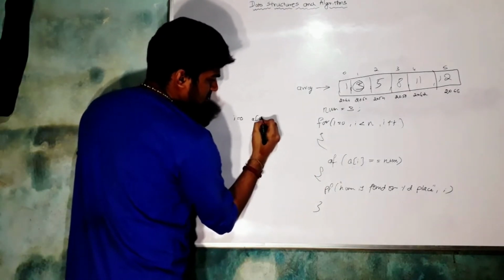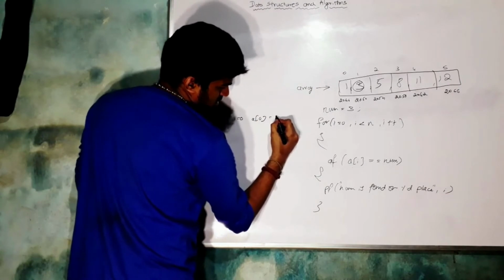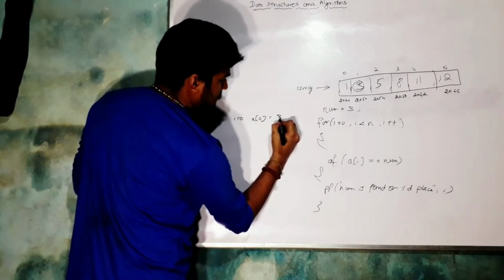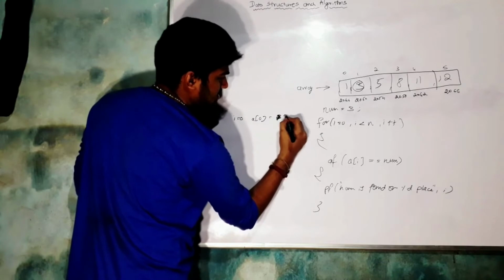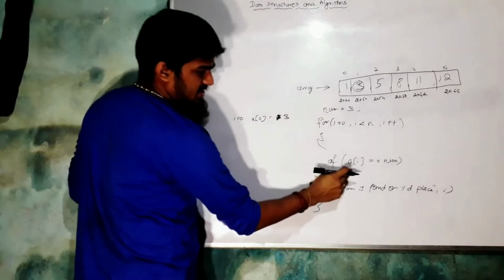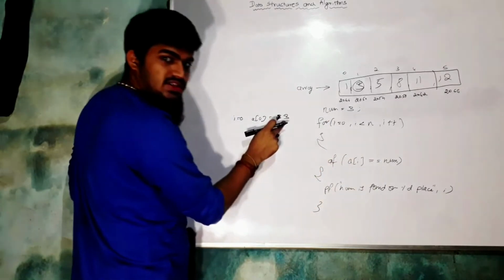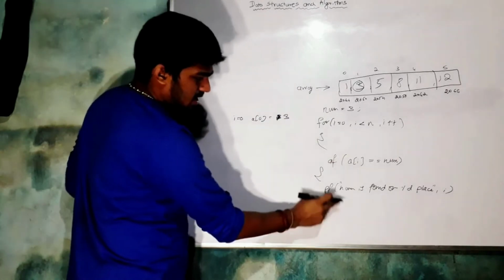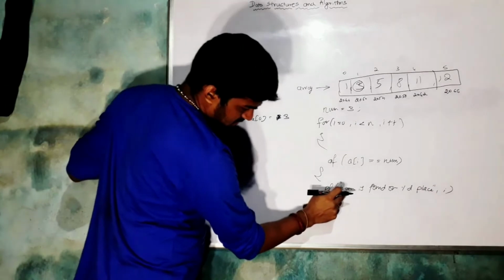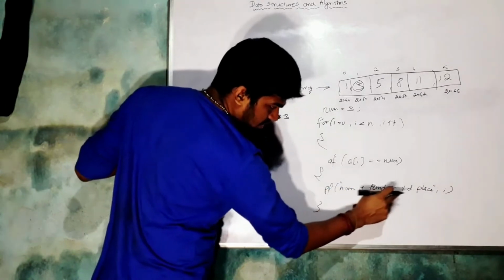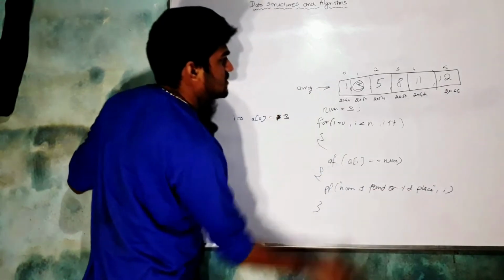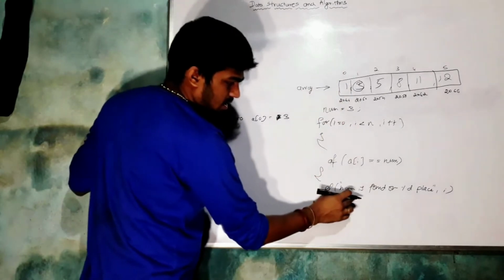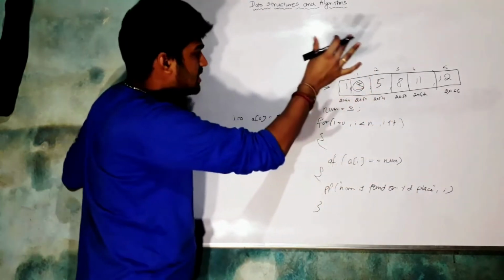So a of 0 is 3. If this number is equal to 3, then print "number is found on %d place", i. So number is found at a particular index.